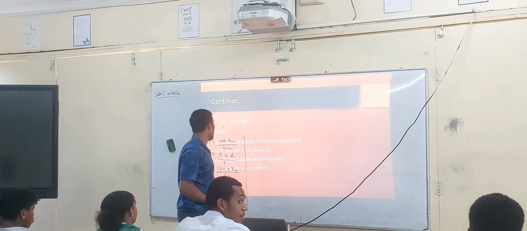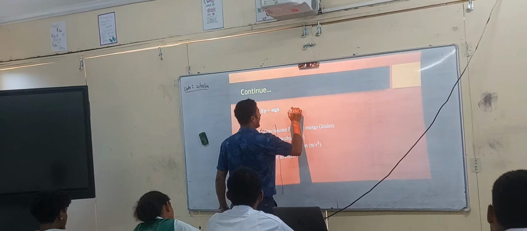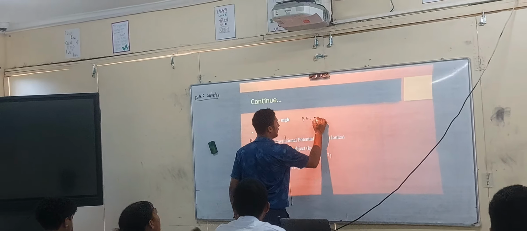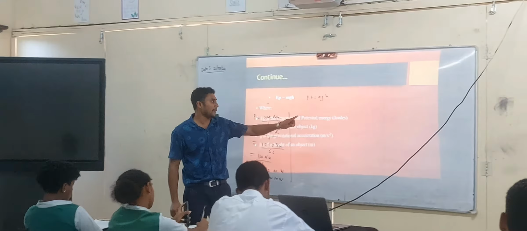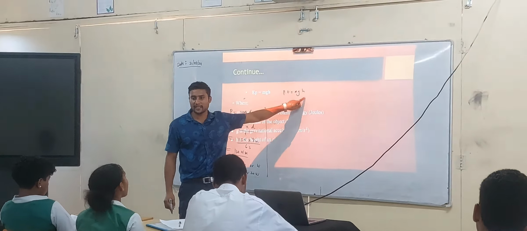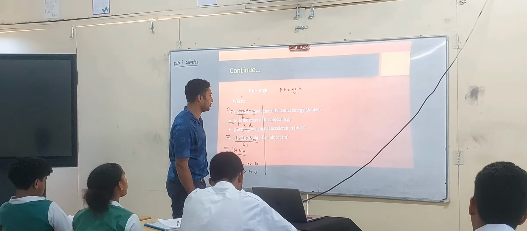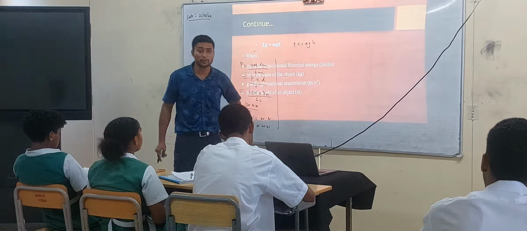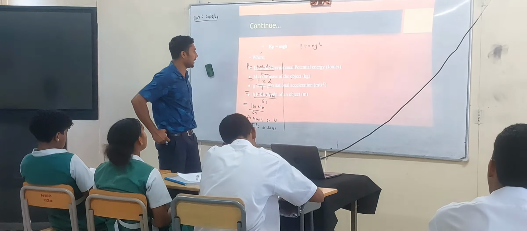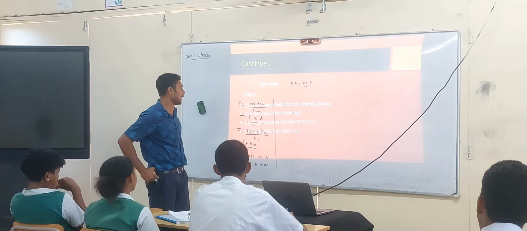So this is the formula to find potential energy: potential energy is equal to mgh. It depends on the mass, gravitational acceleration, and the height of the object. EP is the gravitational potential energy, in joules.